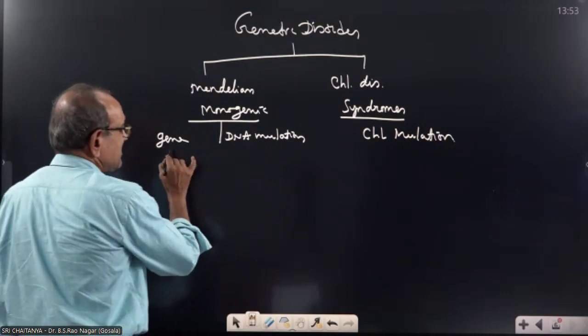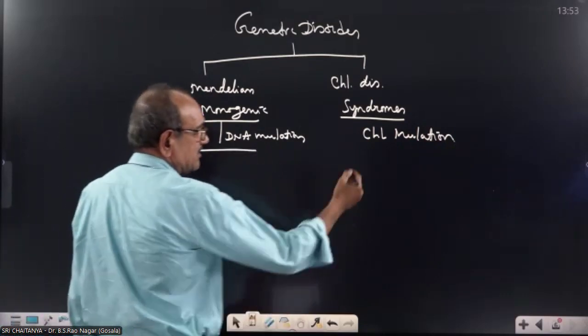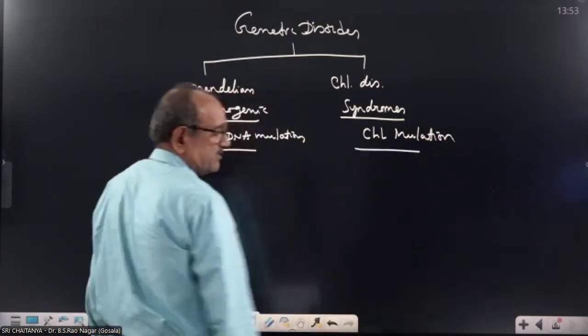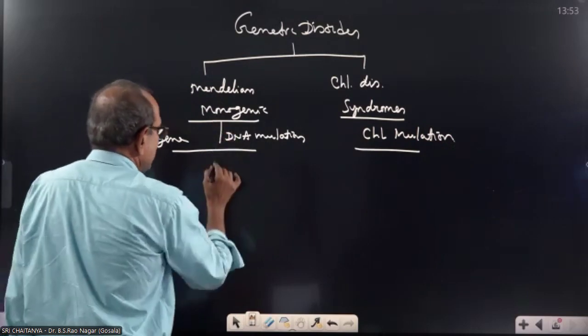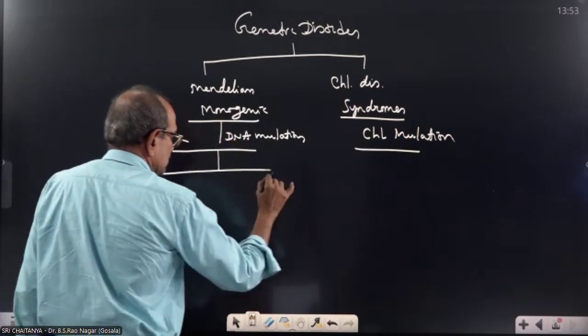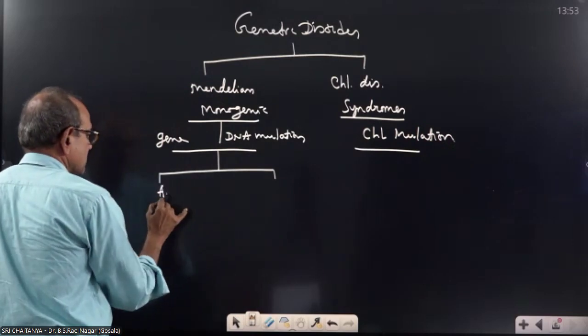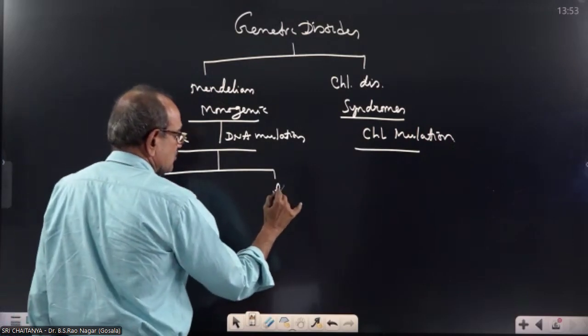So these are all single gene defects, but these are some defect in the chromosomes, either in number or structure or arrangement. Mendelian disorders are again divided into autosomal as well as allosomal.